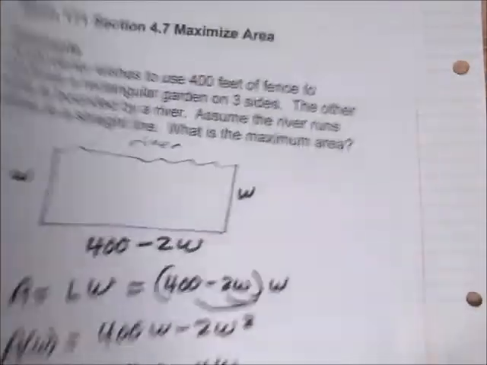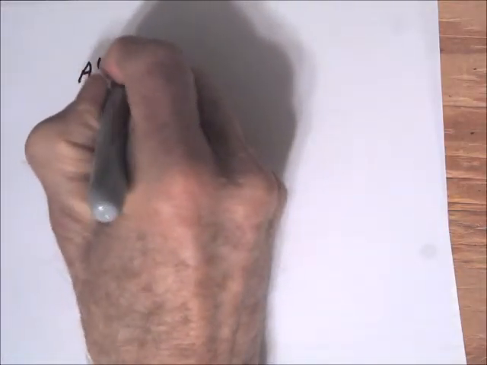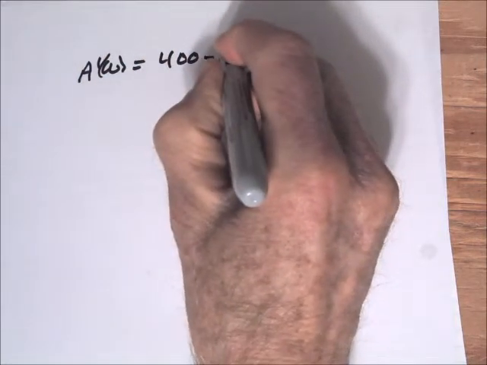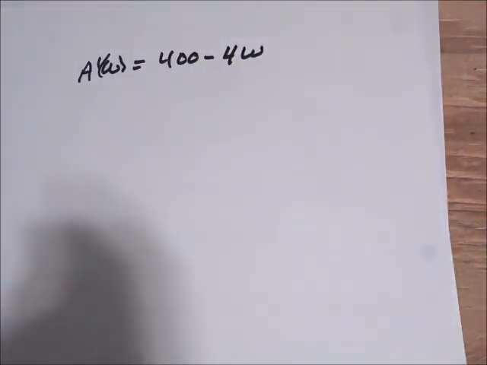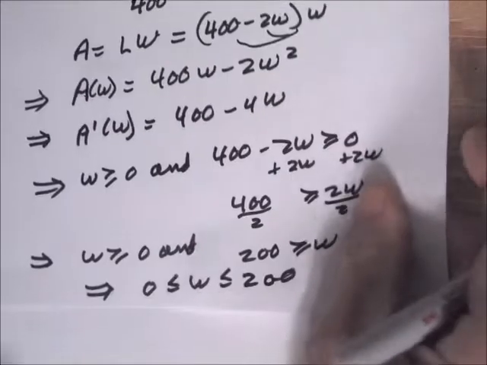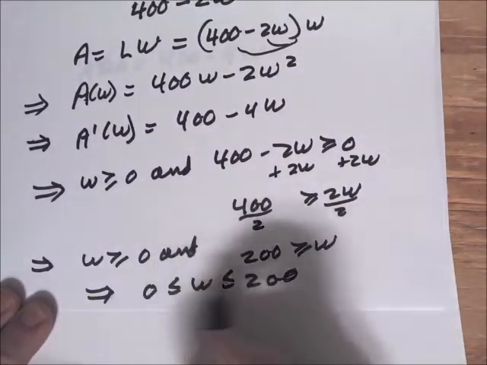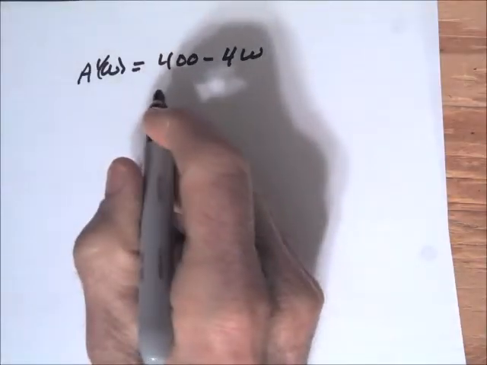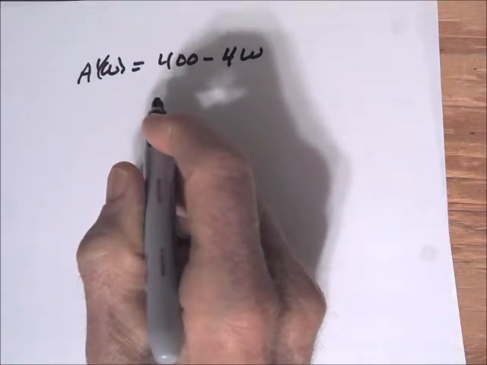Okay, so let's go back to this derivative again. We said A prime of W is equal to 400 minus 4W. So the maximum area is going to occur either at one of these endpoints at 0 or 200, or it's going to occur at a critical number where the derivative is 0 or undefined.